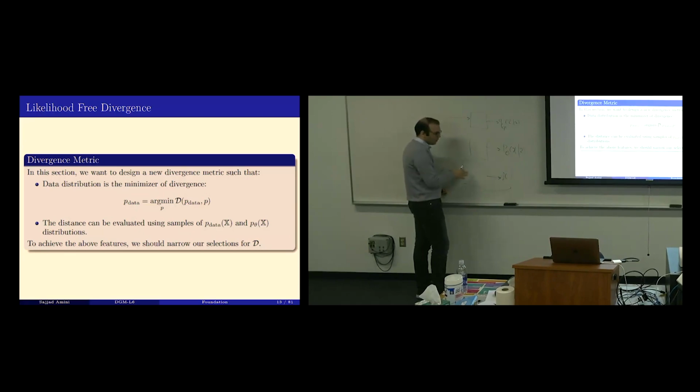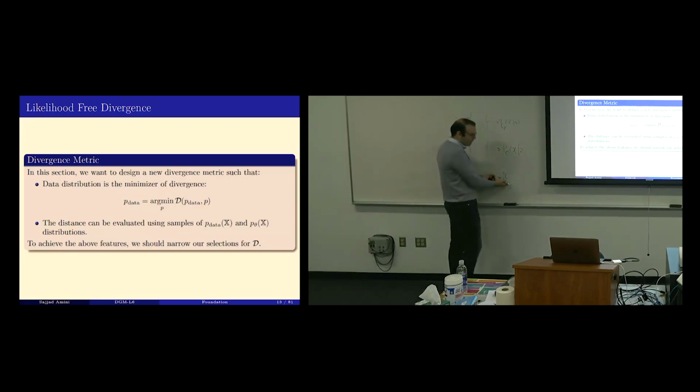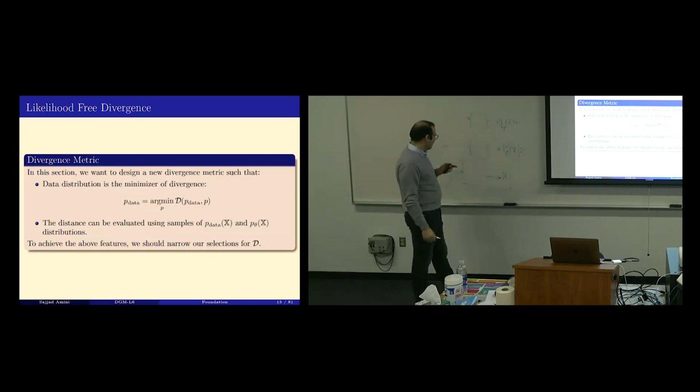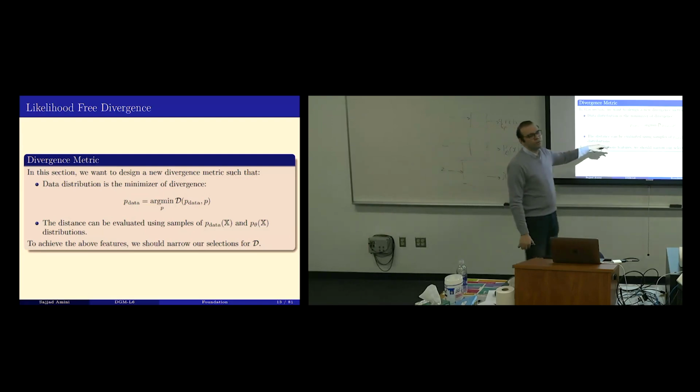You have no information about the true distribution, you just have samples. But here, because you have the parameters of the model, you can easily calculate the likelihood. But here, you just have samples from the distribution of your model. You do not explicitly know the distribution of your model. So the main important point is that you cannot use likelihood anymore.